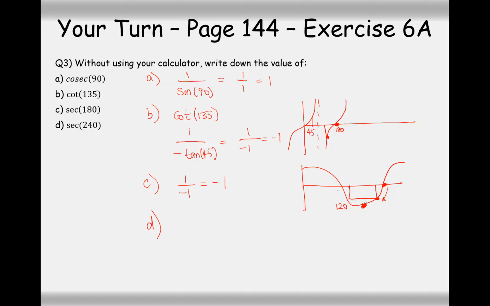And then using the rotational symmetry around this 90 degree point here, it's going to be the same as 60. Okay, so it's going to be the same as minus 1 over cos 60. Cos 60 is a half, so this is going to be minus 2.